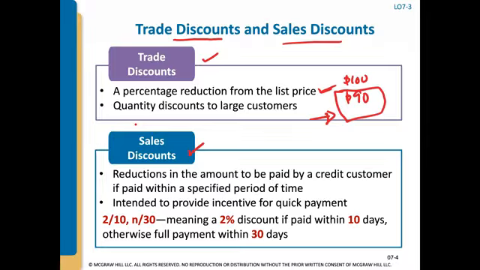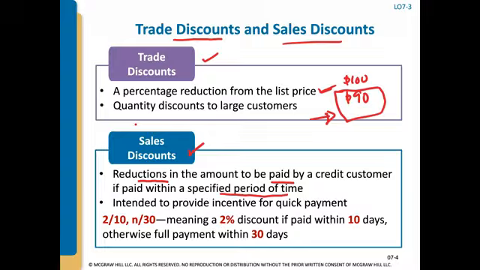There's also a sales discount, and that's what we're going to be talking about in this video. Sales discounts are incentives for your customer to pay their invoice early. It's a reduction in the amount that they owe you if they pay the invoice within a specified time, and usually it's a shorter time than when the invoice is actually due.